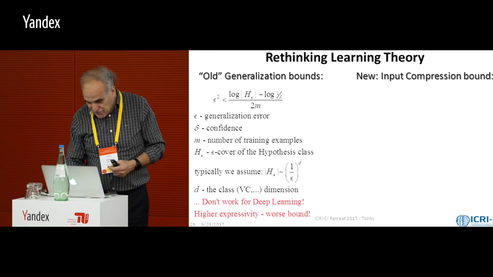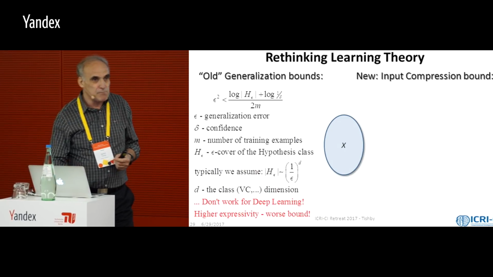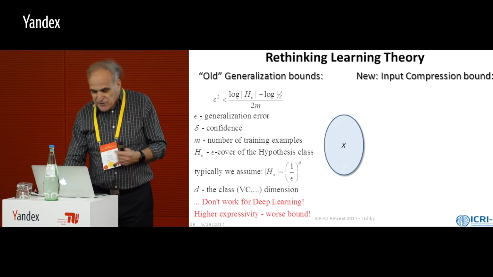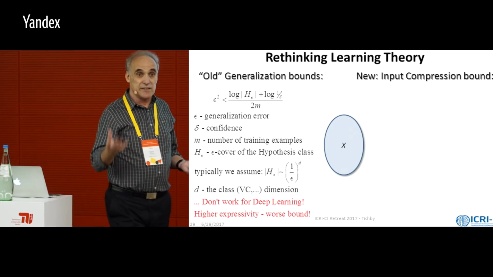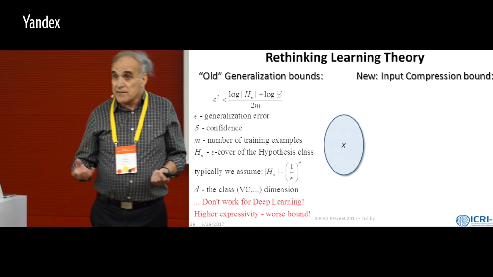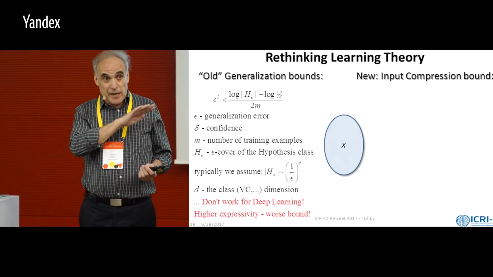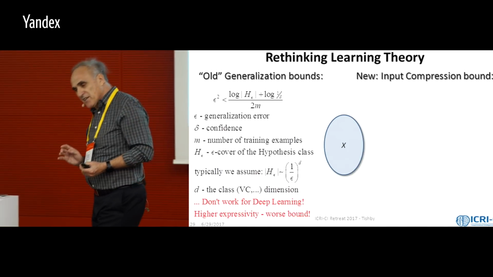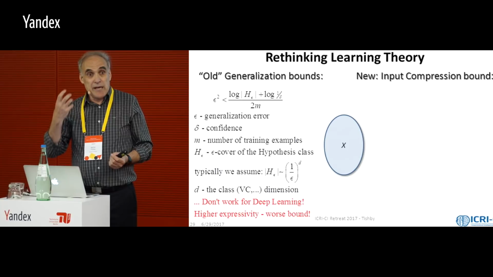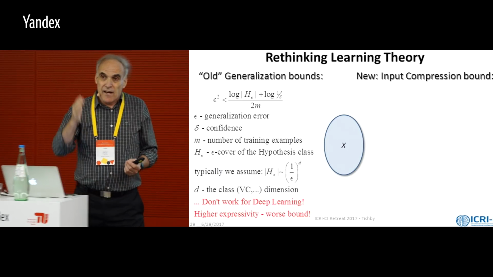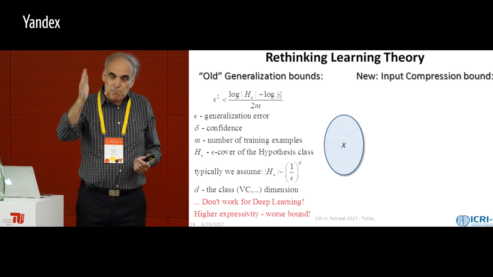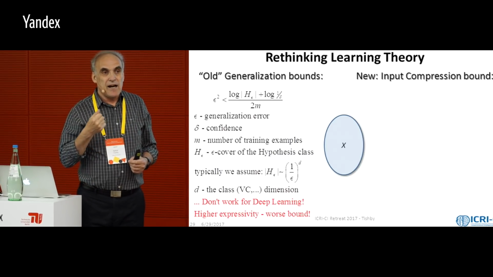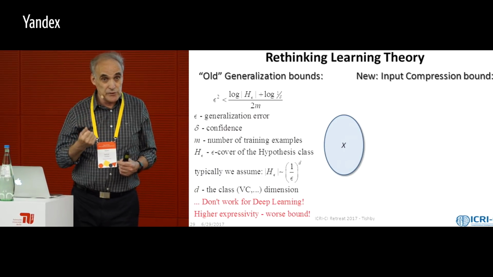So I suggest a different bound. I call it the input compression bound. It's quite new, and surprisingly, it's related to many things that people have known for a long time, like nearest neighbors and many other partitions. Instead of focusing on the hypothesis class, which I actually think is a completely irrelevant notion for deep learning, think about what happens to the input. I already told you that the layers induce a partition of the inputs, so I'm going to quantify this partition by how homogeneous the cells are with respect to the label.